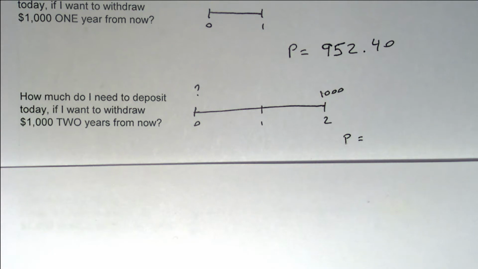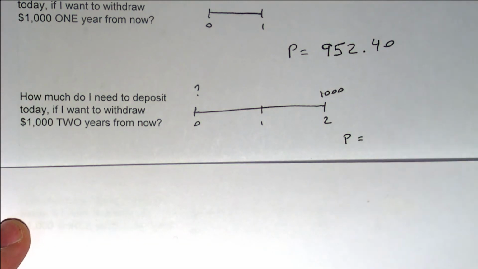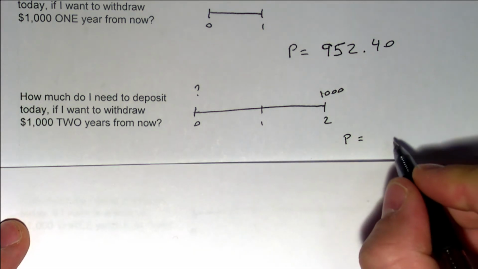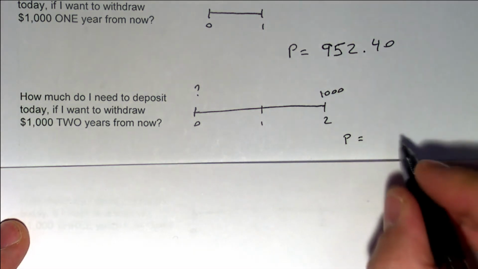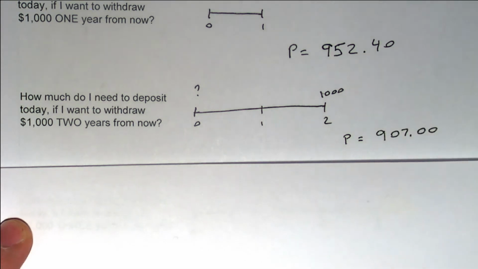Lower, right. That's correct, because it has more time to grow, more time to build interest. So what did you get, group 2? 907. Exactly? Yep. 907 and 0 cents. Good.